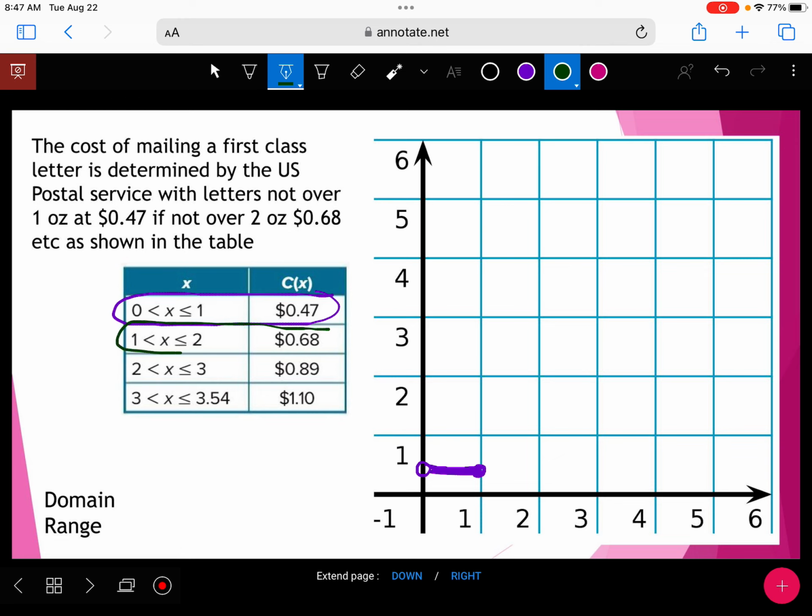Between 1 and 2 ounces, it's 68 cents. So whether it's 1.000000001 ounces or it's straight up 2.0, it is 68 cents. If it's between 2 and 3 ounces, it's 89 cents, so just under a buck.